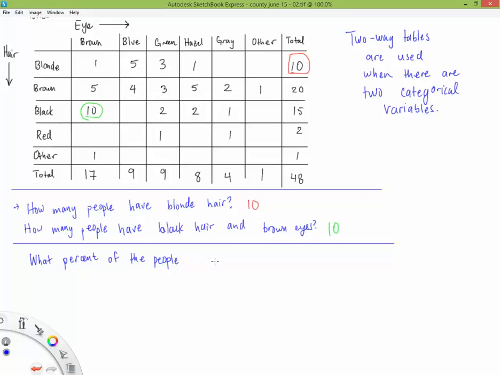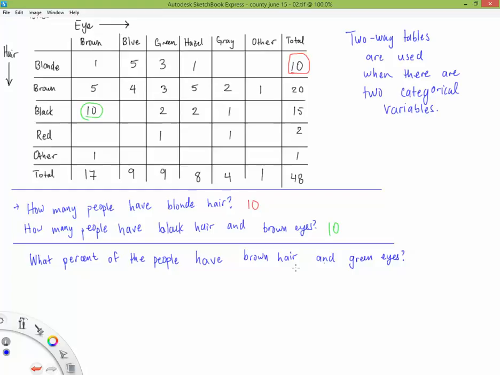So what percent of the people have brown hair and green eyes?